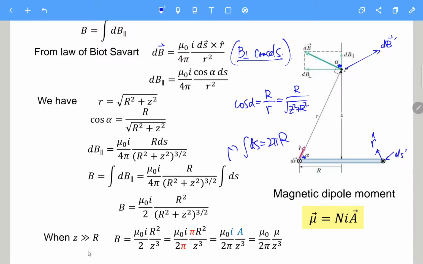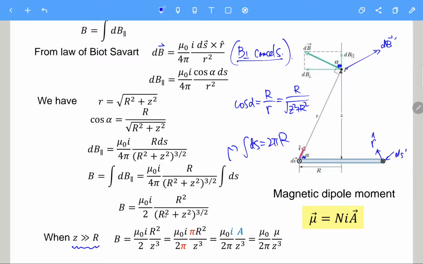Of course, we can assume that if it is far away, which means that this distance is much larger than the radius of the magnetic dipole. So we assume z is much larger than capital R, which means that z squared plus R squared will be approximately z squared.